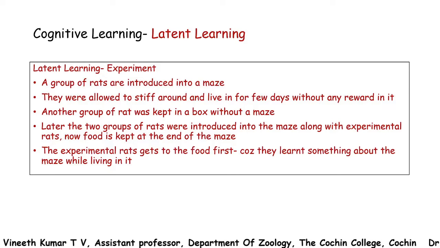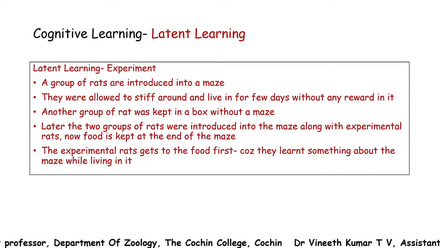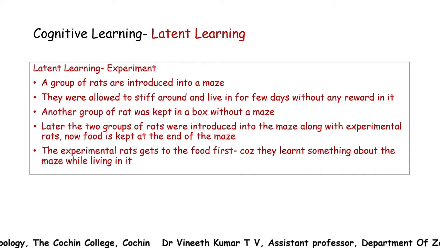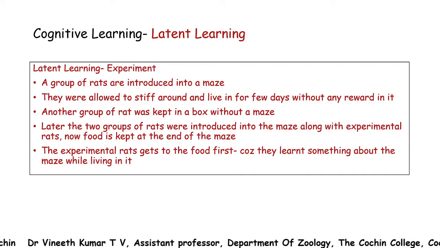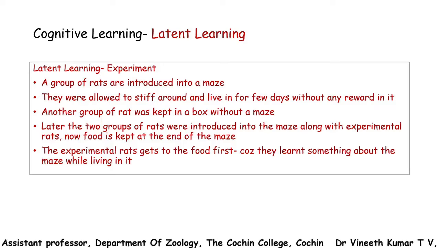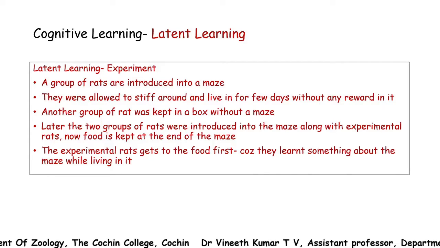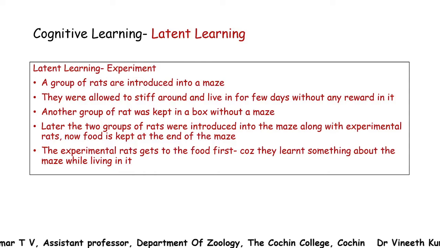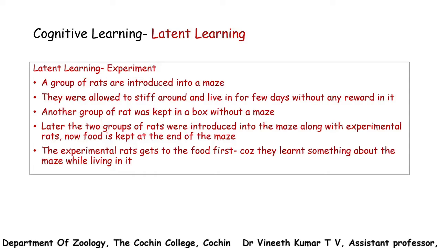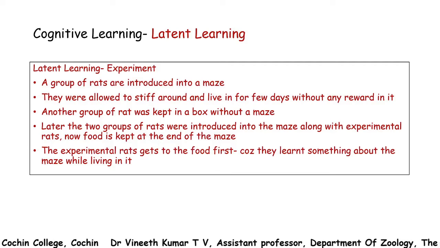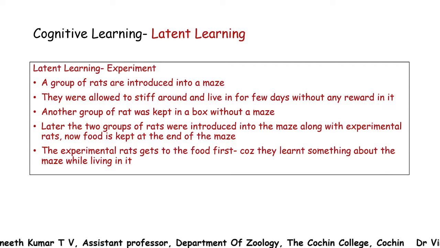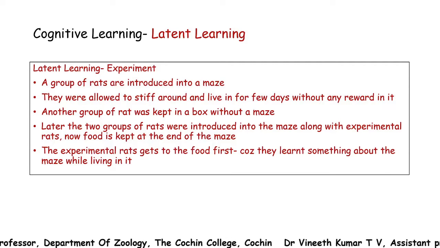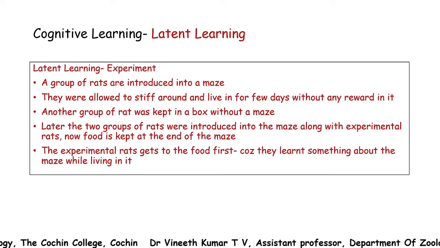So, these two groups of rats will be behaving like you coming to the college on the first day and the second day. That is, the rats which were inside the maze for a week or two, they know how the maze is, or how you can move through the maze. As a result, they will easily move through the maze, reach the other end, and take the food.